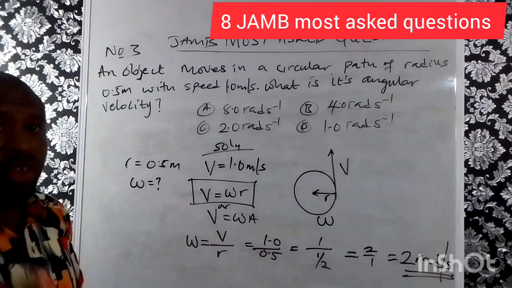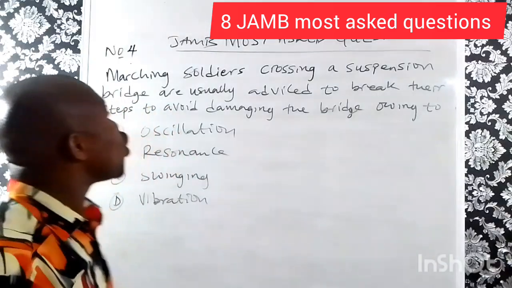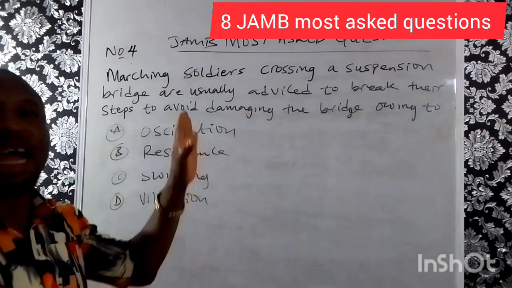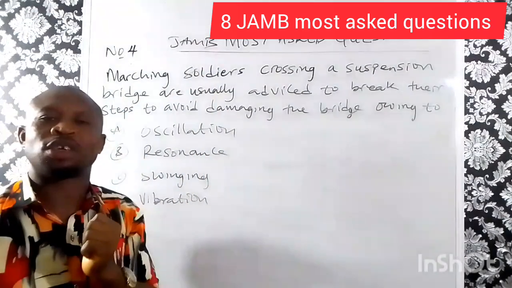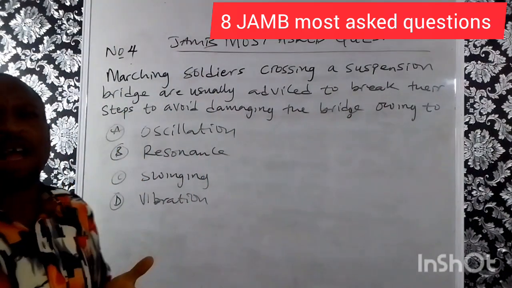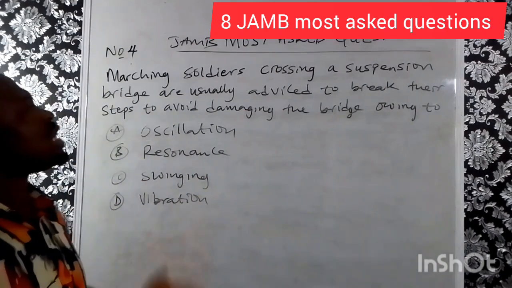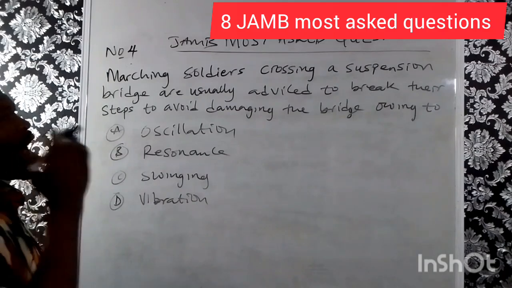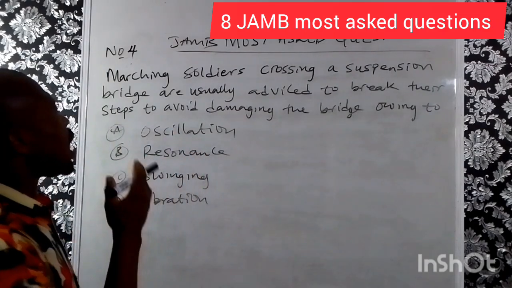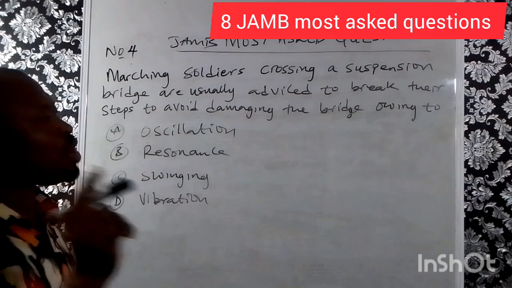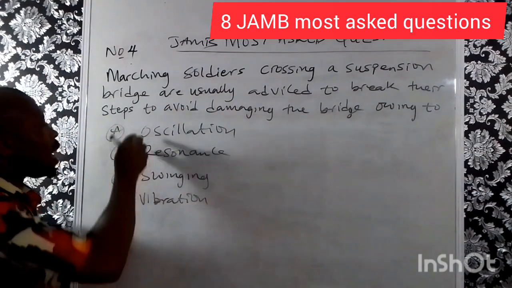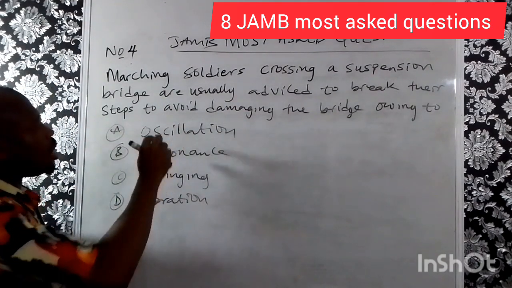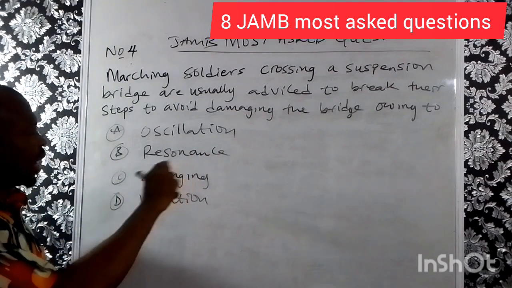Now, we'll also take another question. We take a look at this first question. This question says, marching soldiers crossing a suspension bridge are usually advised to break their steps to avoid damaging the bridge owing to oscillation, resonance, swinging, vibration.